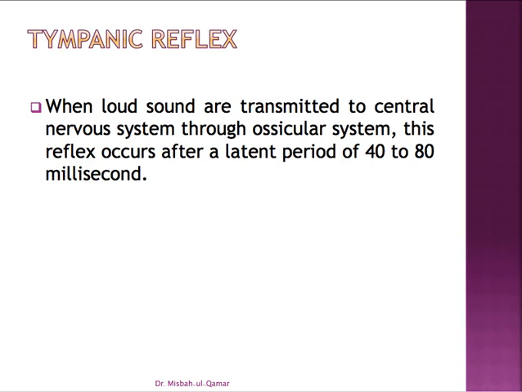You should know the alternative names. Attenuation is a general term, and it refers to any reduction in the strength of the signal. So when loud sounds are transmitted to the central nervous system through the auricular system, this tympanic reflex occurs, but after a latent period of 40 to 80 milliseconds.